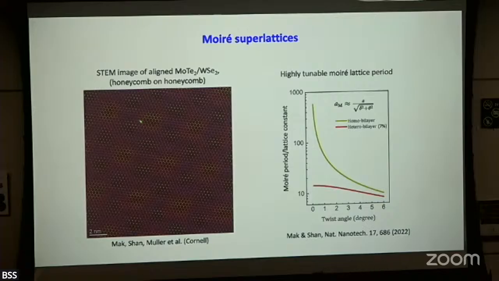The small dots here are individual atoms. If you look a little more carefully, you also see on top of that this moiré pattern. Because each of those lattices is hexagonal, when you put them together you get this triangular moiré superlattice.